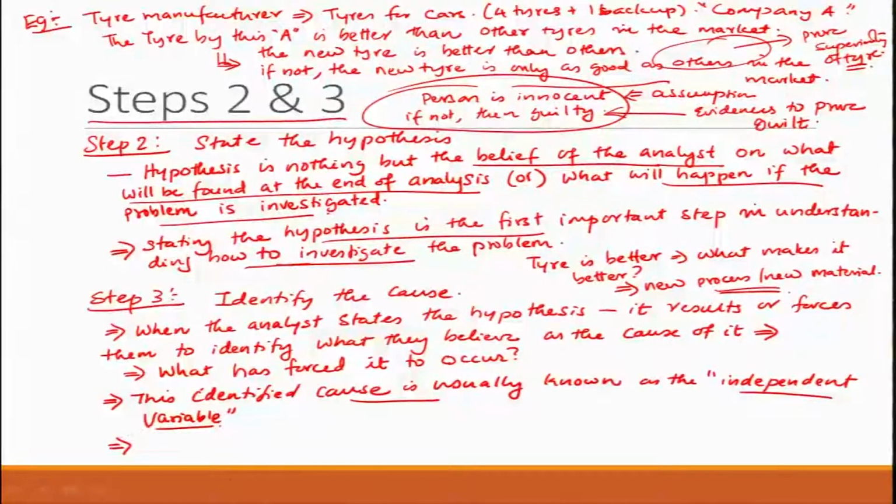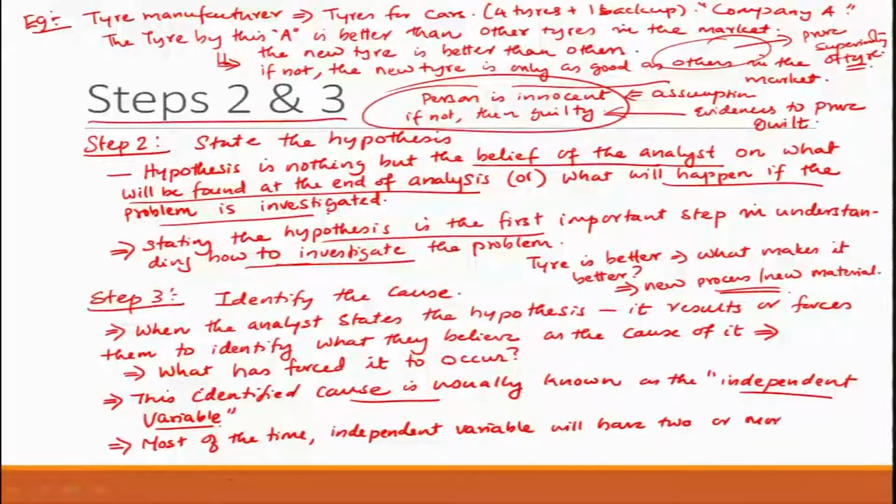Okay. Most of the time, the independent variable will have two or more levels. This is a tricky one. Let us call the sulfur content the reason for the tire quality.